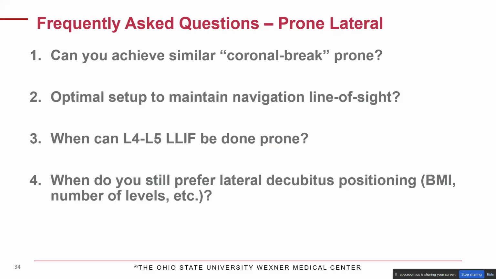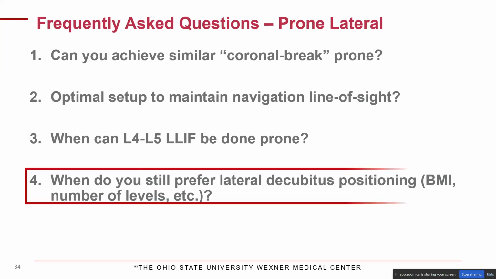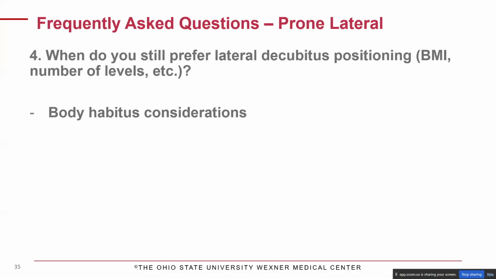So then finally, when do I still prefer a lateral decubitus position? In spite of having become comfortable with prone and actually preferring prone, I still do lateral decubitus in certain cases. So when? One is certain body habitus considerations. I don't have a BMI cutoff per se. It's more where somebody carries their weight.